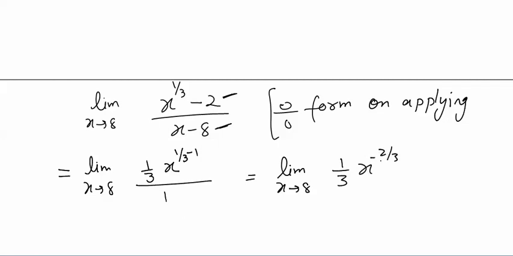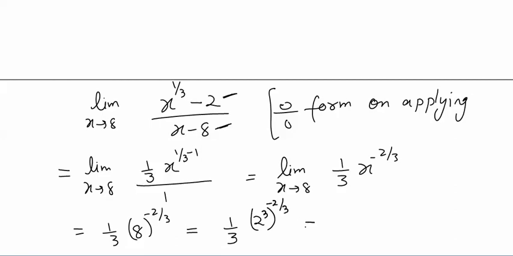Now if I substitute the limit, we get 1 by 3 times 8 raised to minus 2 by 3. 8 can be written as 2 cube, 2 cube to the power minus 2 by 3. I'm just simplifying it, you can directly write it down. I'm just solving it so that you don't have any confusion.